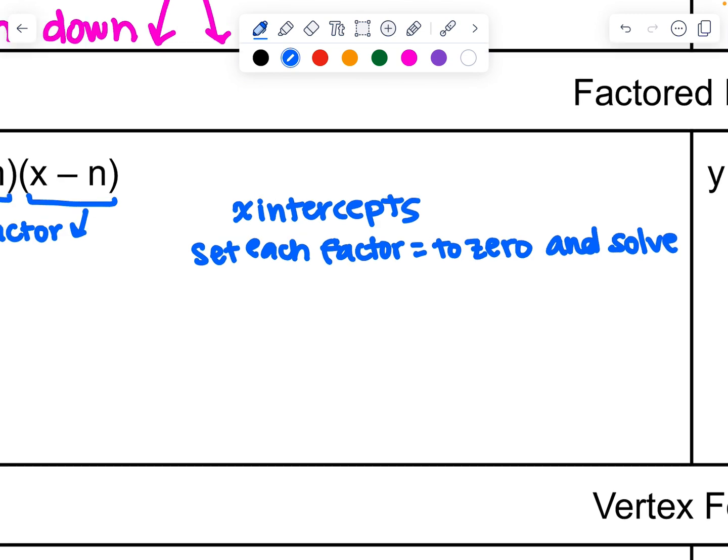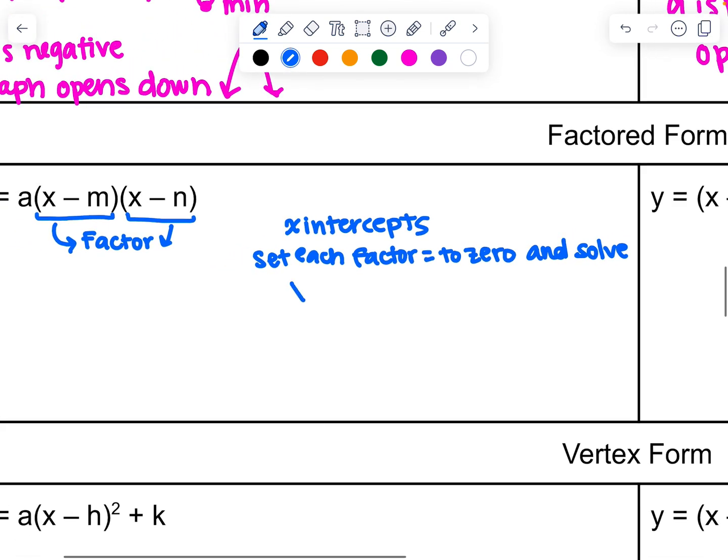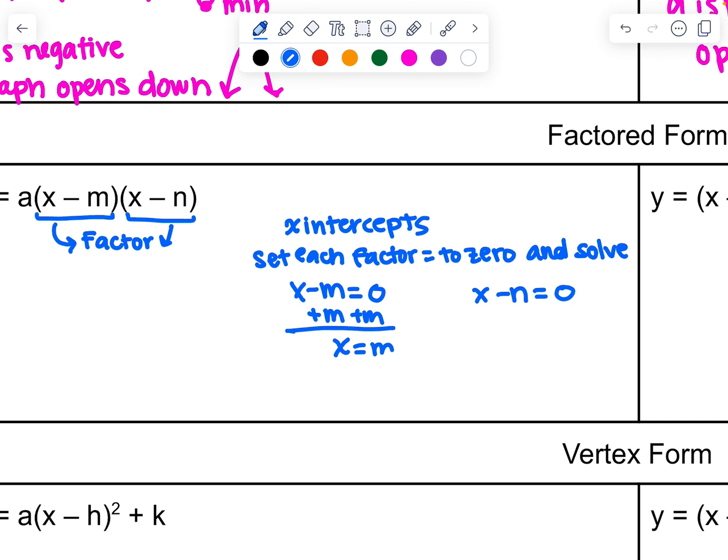What that's going to look like here is we would have x minus m equals 0 and x minus n equals 0. I'm going to use my inverse operations, and we solve, and we get x equals m representing one x-intercept here, and x equals n representing our second x-intercept here. So whatever the number is you get there, those are going to be your x-intercepts.